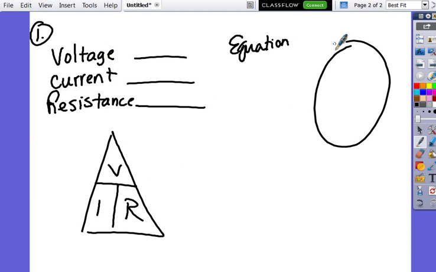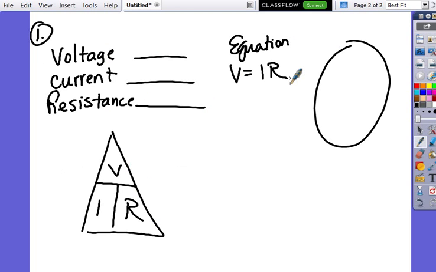Okay. So if I look at the first one, first of all, let's write the equation right here. V is equal to what? IR, right? That's kind of the basic equation. And there's my triangle. I don't always have to use it in this way. I can change it around, right? So if I look at what's given to me, it says there are 28 ohms of resistance.